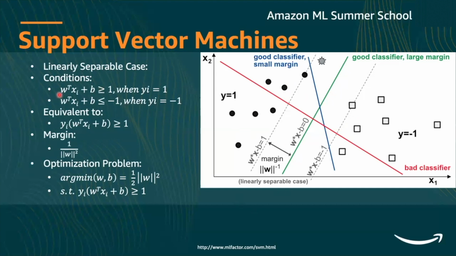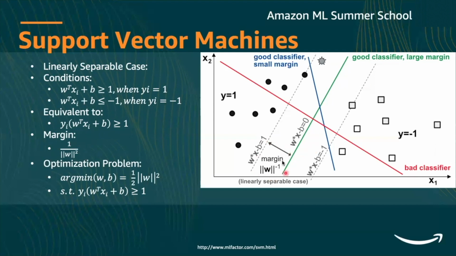So the SVM solves the following optimization problem when the data is linearly separable. You would want all the samples of class 1 to be on the right hand side of this margin, and all the samples of class -1 to be on the left hand side of this gray line, which is equivalent to saying y(w transpose xi + b) is greater than or equal to 1, and the margin is denoted by 1 by norm of w square. You want to maximize the margin.